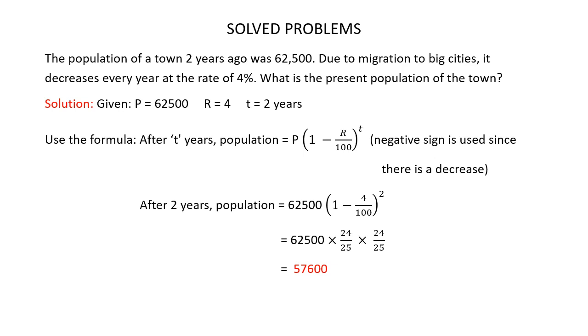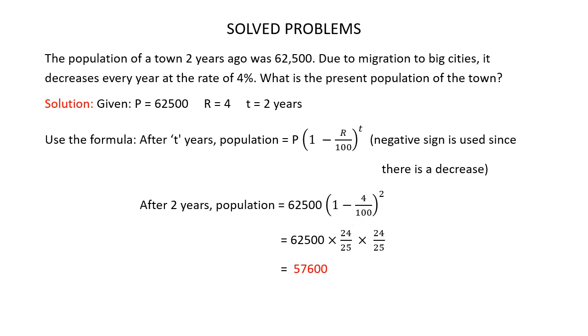So to find the population after t years, use the formula P multiplied by (1 minus r upon 100) the whole raised to the power t. Here the negative sign is used since there's a decrease in the population every year. Now we know that t is equal to 2 years. So after 2 years the population is equal to 62,500 multiplied by (1 minus 4 upon 100) the whole squared.